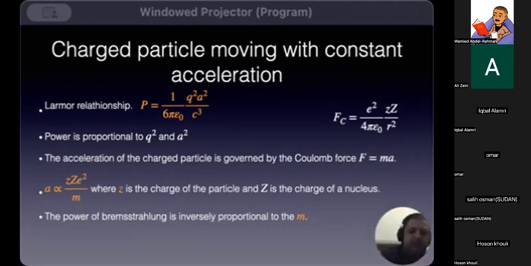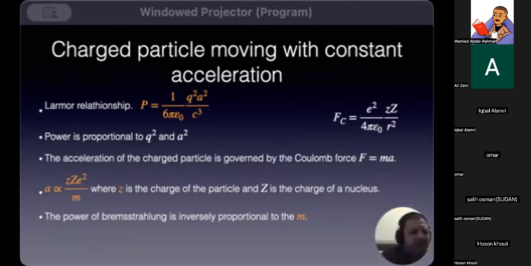So if we think of this as a Coulomb force, then F equals ma, and this acceleration is due to the Coulomb force. We can state, for example, that the acceleration is proportional, suppose we're talking about an electron going in a medium, to the charge of the electron and the charge of the nucleus in the medium.